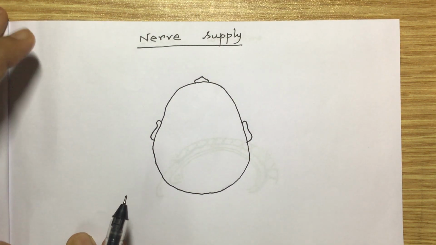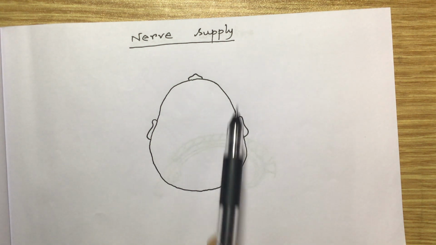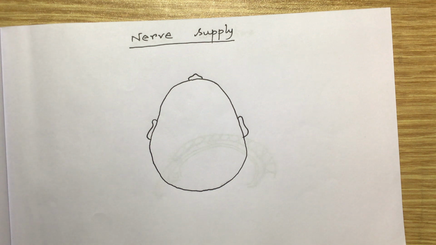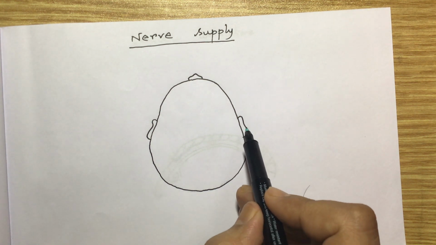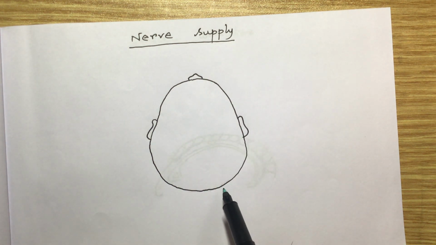Now regarding the nerve supply, I have already described when discussing the third layer that the frontal belly and occipital belly are supplied by branches from the facial nerve, which is a motor nerve. Here in the scalp, there are 5 nerves in front of the ear and 5 nerves behind the ear on both sides.